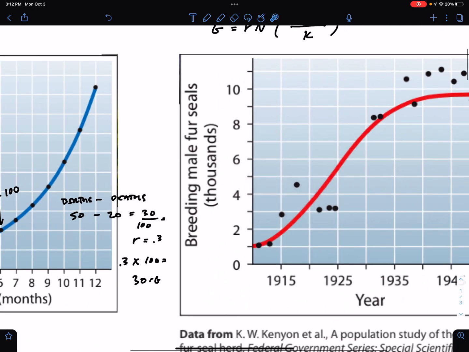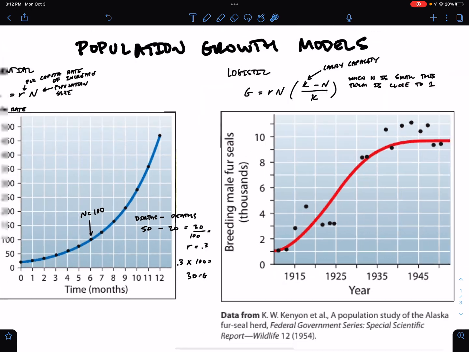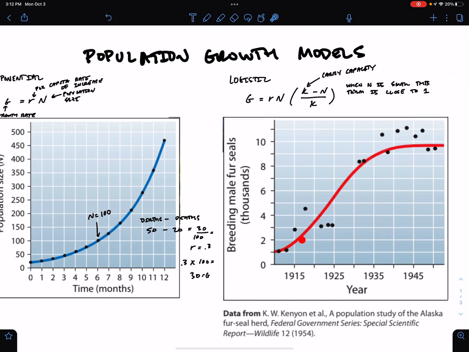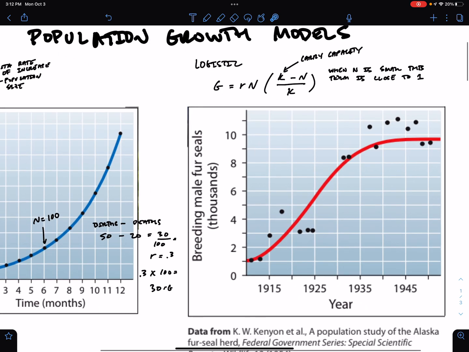So you can see here, initially, logistic growth looks a lot like exponential growth. G starts to get bigger and bigger, just like exponential growth. But there becomes a certain point where N is getting relatively big, and so this term starts to get closer and closer to 0 as K minus N gets smaller. Now our growth rate is going to start to get smaller and smaller.